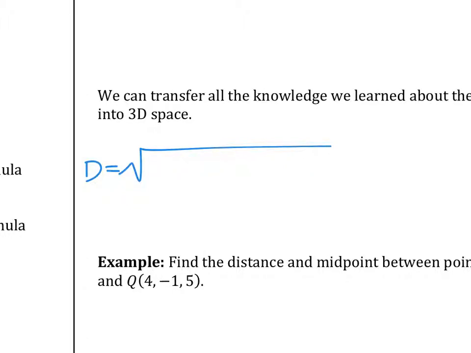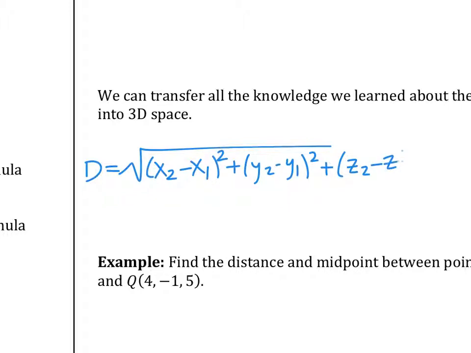The normal 2D distance is the square root of (x2 minus x1) squared plus (y2 minus y1) squared. Since we have a new coordinate z, it's going to be (z2 minus z1) squared, and we add that together. So you just add a new dimension, that's it.